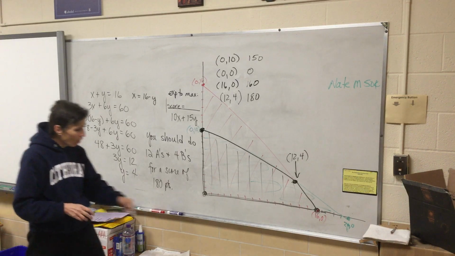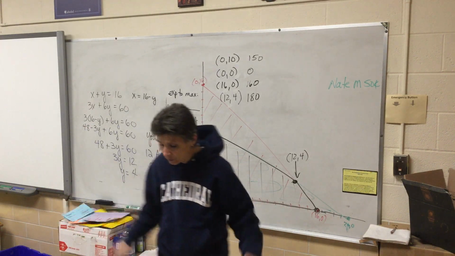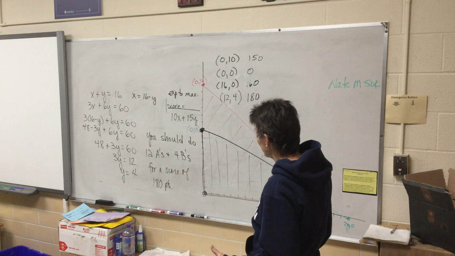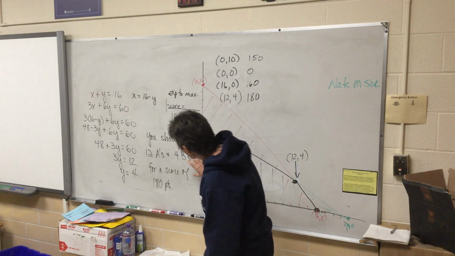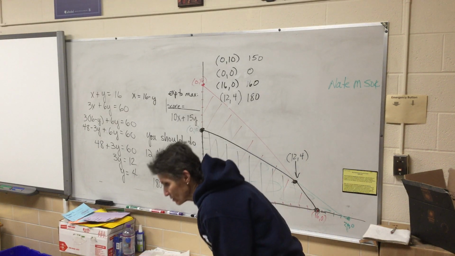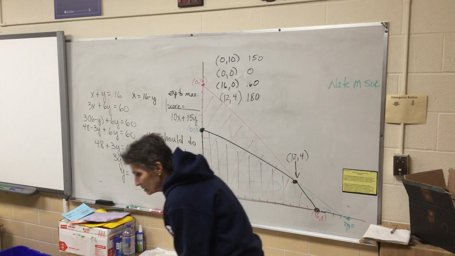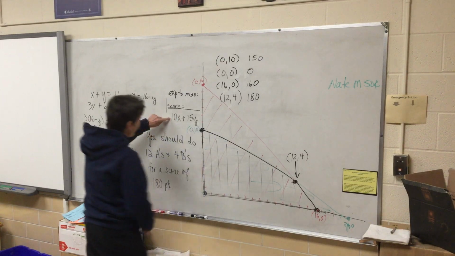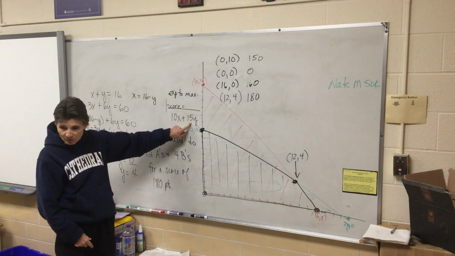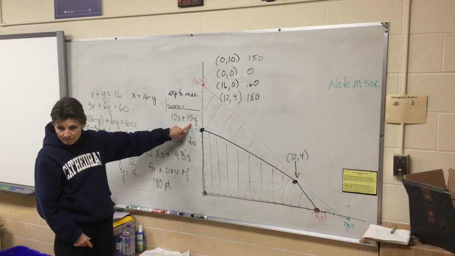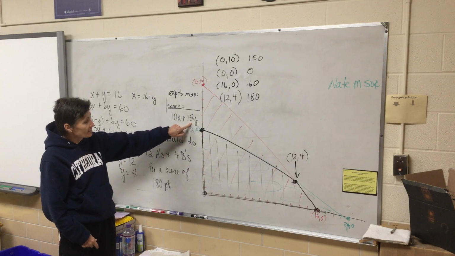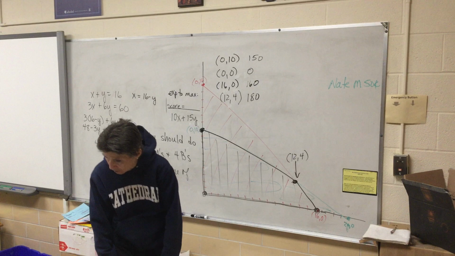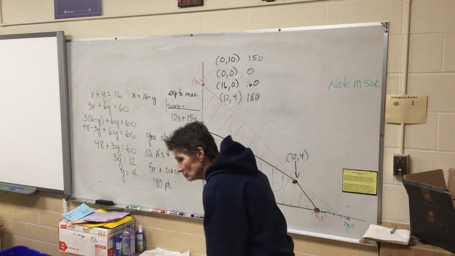So when you're all done with writing the equations, filling in the table, drawing the picture, all the stuff you're doing, you'll write a sentence to describe the answer to the question. Do we write that where it says expression to maximize? No, expression to maximize is 10x plus 15y. That's your expression to maximize. This is just a separate thing you write at the bottom or side or wherever you got room.